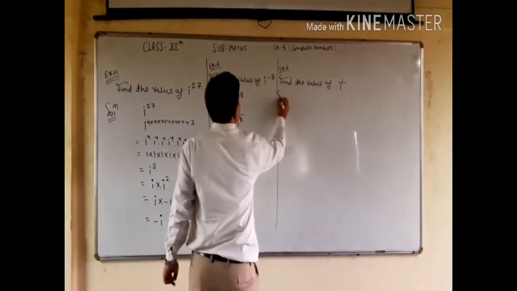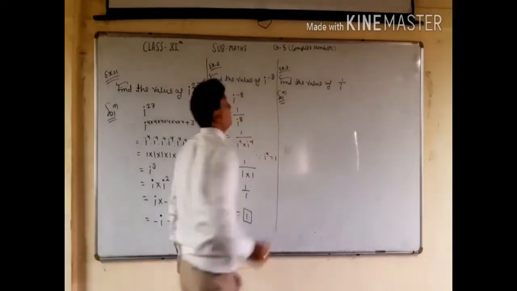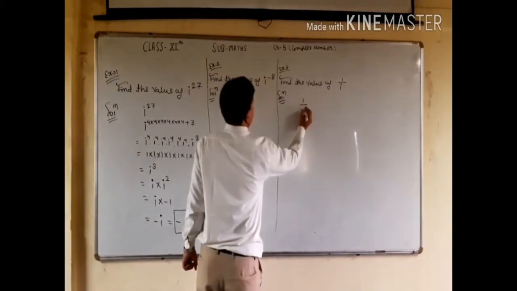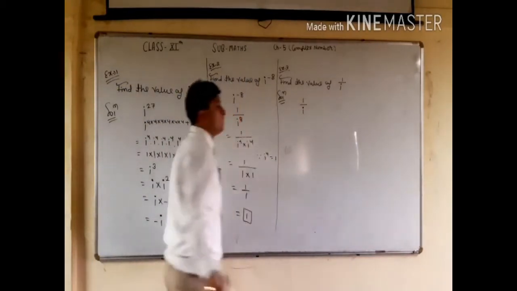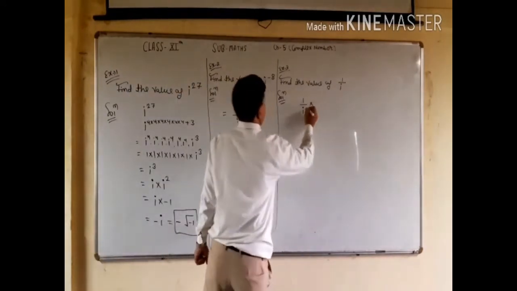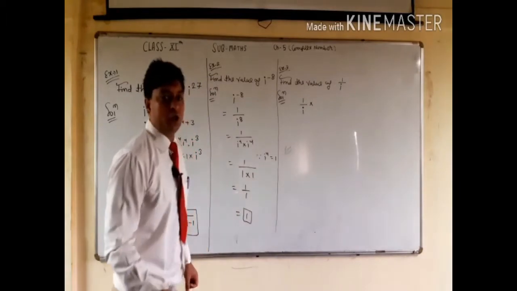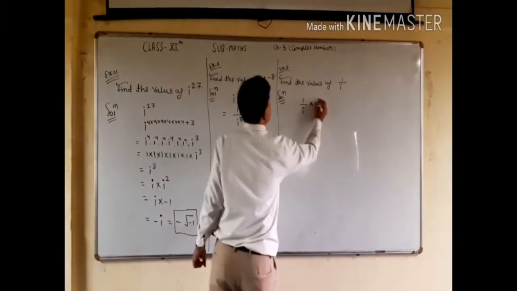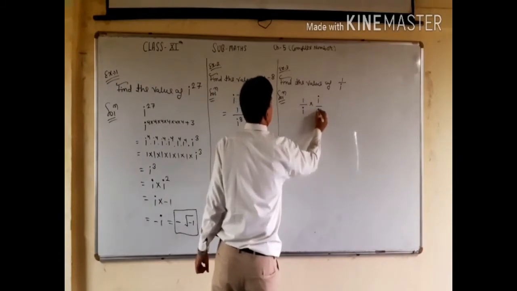So the solution is, we know that we have 1 upon iota. By rationalizing, we multiply iota in denominator and numerator. Okay, so this is iota by iota.